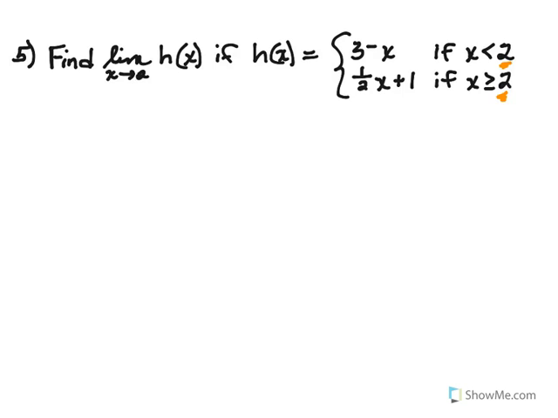That is typically how you're going to see these, because if there's going to be any quote-unquote problem with the way this function looks, it's probably going to be at that split point between the two pieces.